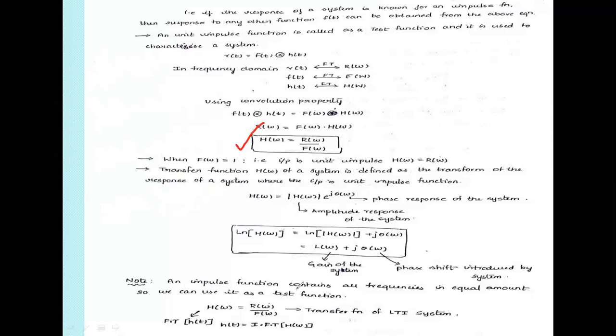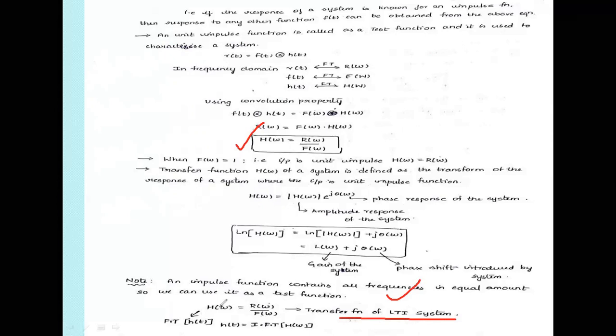Got it? An impulse function contains all frequencies in equal amount, so we can use it as a test function. h of omega equal to r of omega by f of omega is the transfer function of a linear time invariant system.